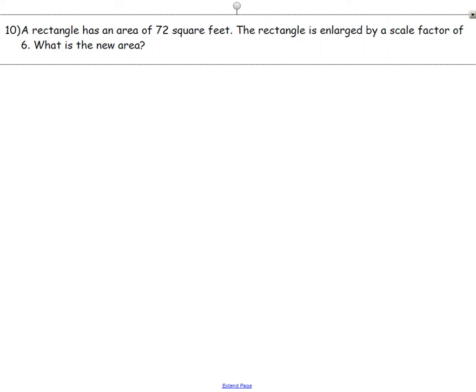All right, number 10. A rectangle has an area of 72 square feet. So we can make ourselves a rectangle. 72 square feet. If we have a scale factor of 6, how can we find the new area?